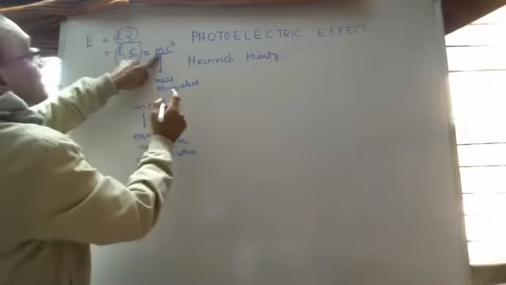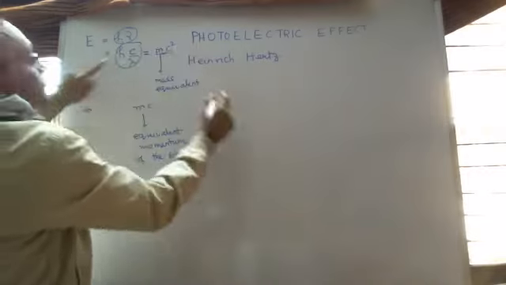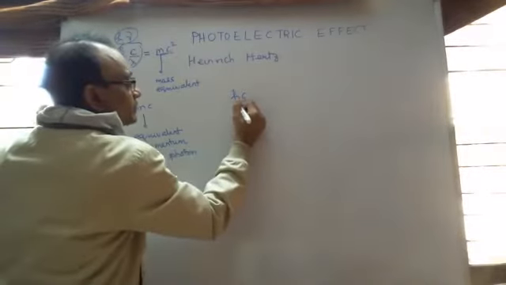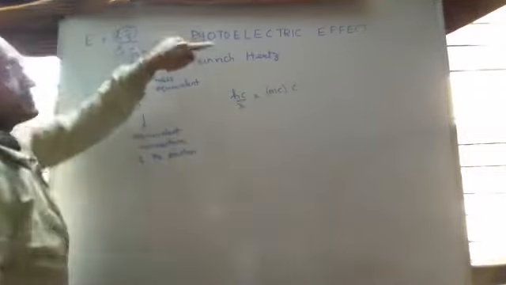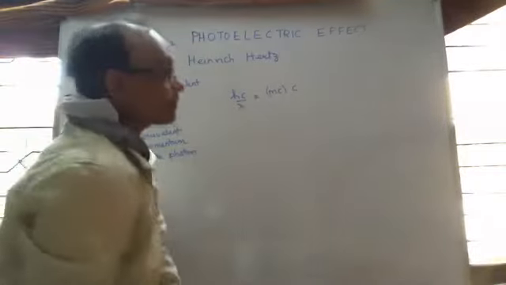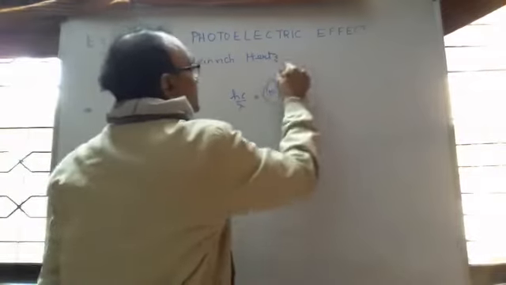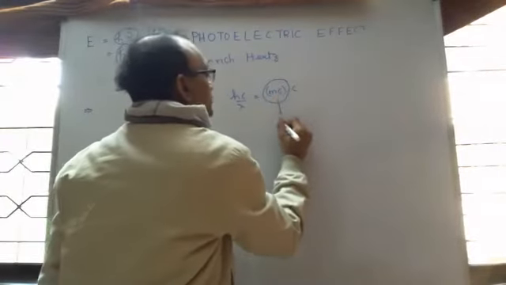So this I can write as mc into c. So hc by lambda, the energy, can be written as mc into c, mc squared. And this is the linear momentum of the photon, p.